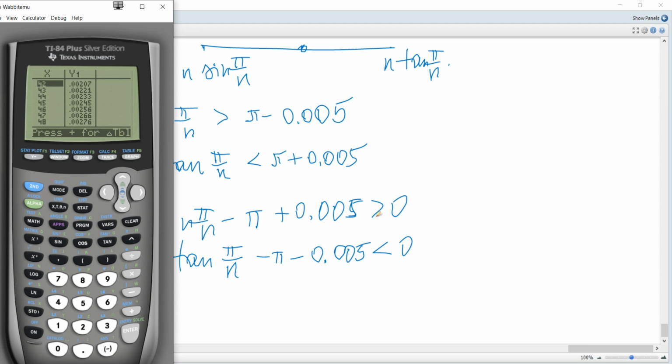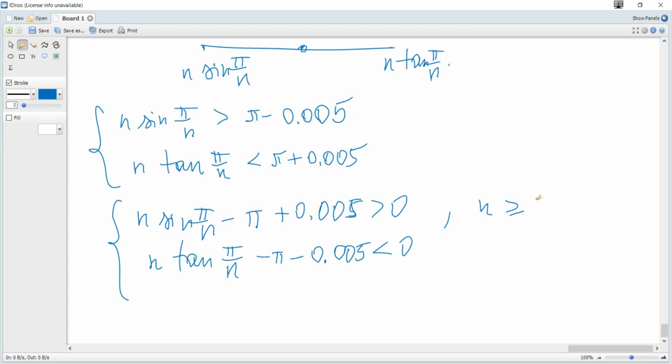We need it to be positive, so we need the least positive value. So the least positive value is at 33, so the solution here is n is greater than or equal to 33.